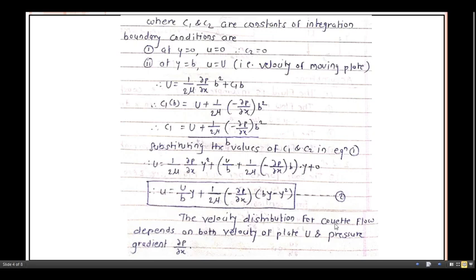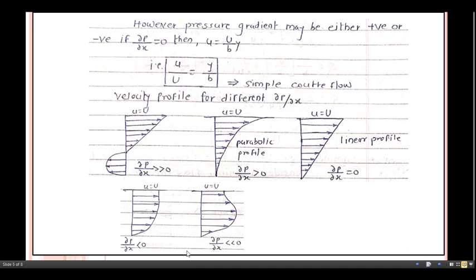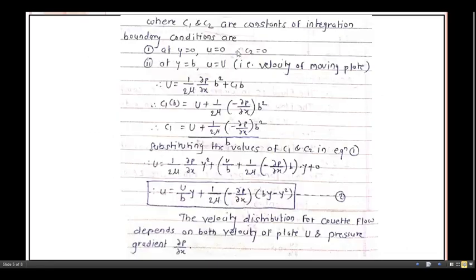The velocity distribution for the Couette flow depends upon the velocity of the plate U and the pressure gradient, that is dabba p by dabba x. However, the pressure gradient may be either positive or negative. If dabba p by dabba x equals 0, then u equals capital U by b into y. If you observe here, if this term is 0, automatically only this term remains in the picture, that is u equals capital U by b into y.